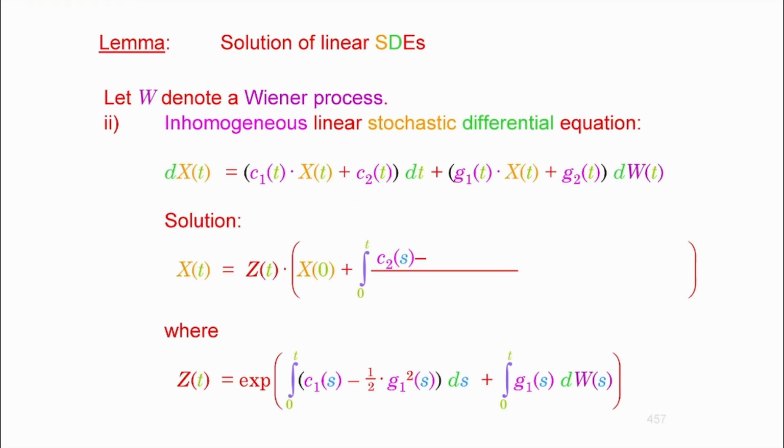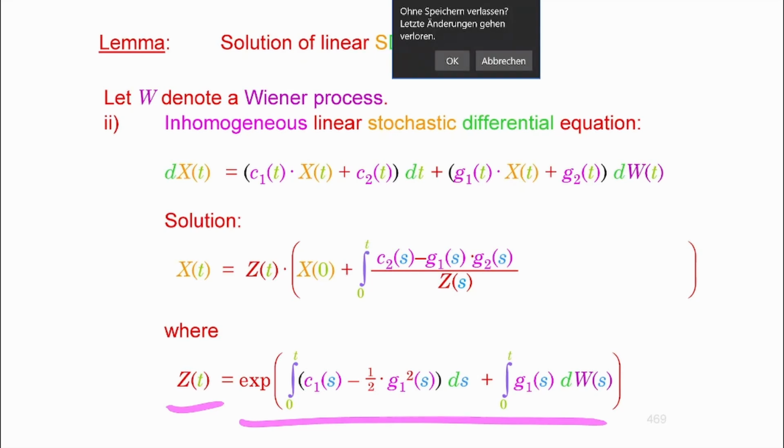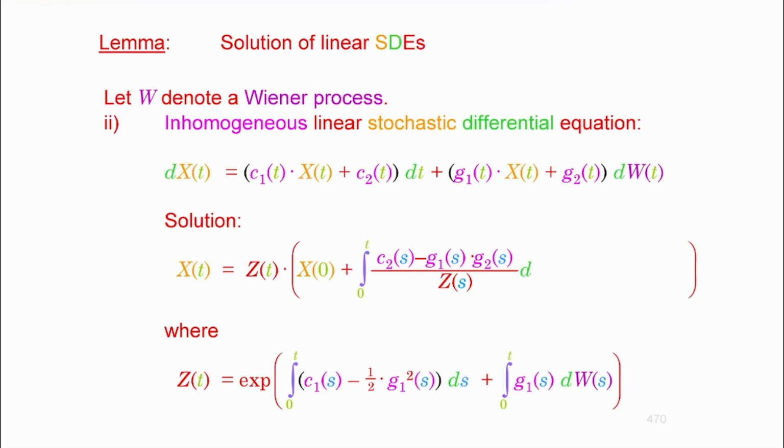Then you have minus the multiplicative function of the diffusion, the diffusion function, you can say. Then times the additive function divided by z. Z is here. So that function must be found first. It's not easy, I have to admit, but again, it is what it is.